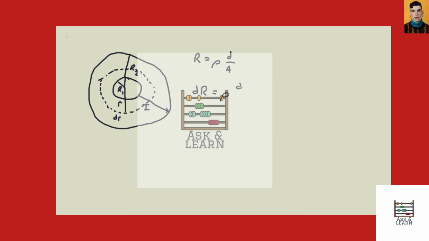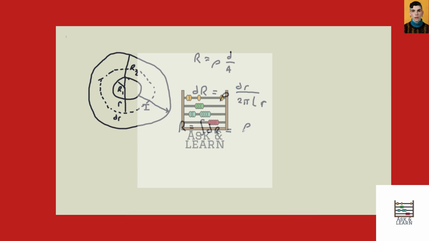Our distance is now just going to be dr. And our area is going to be the area of a cylinder, which is 2 pi times L, which is the suppressed length dimension, which I haven't shown here, times r itself, because that's going to determine how large this circle is.